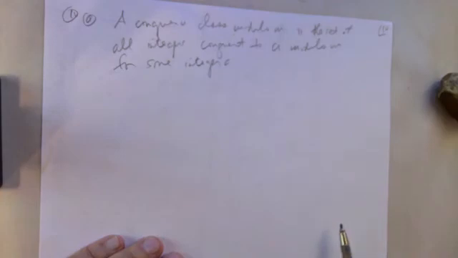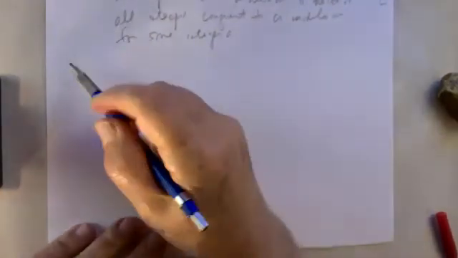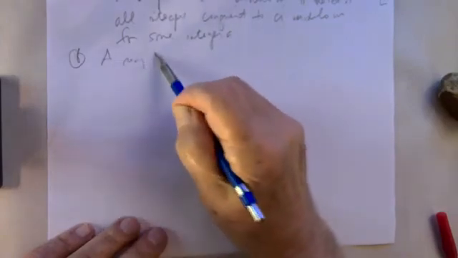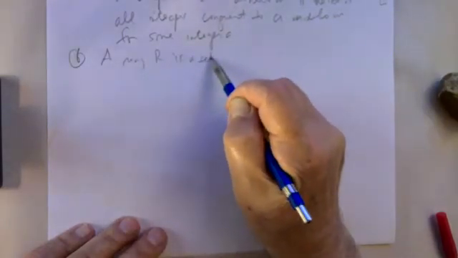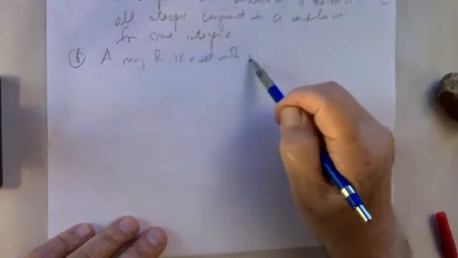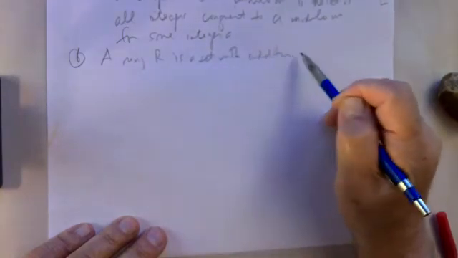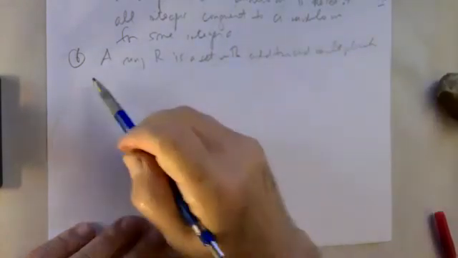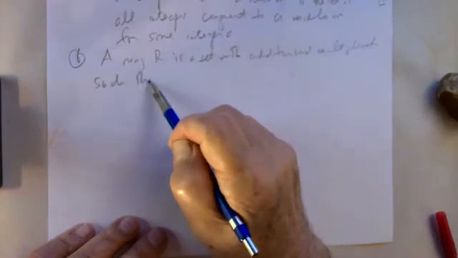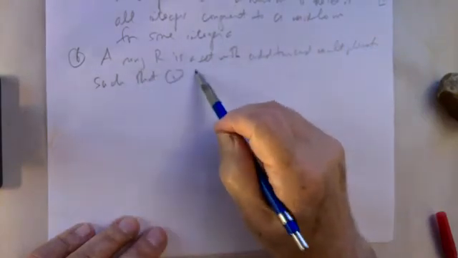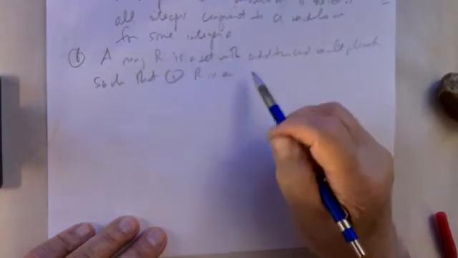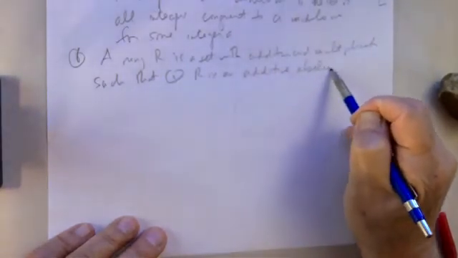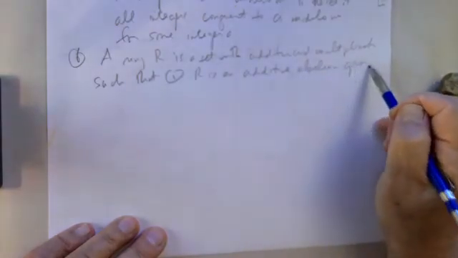And a commutative ring. A ring R is a set with two operations, addition and multiplication, such that first, R is an additive abelian group.